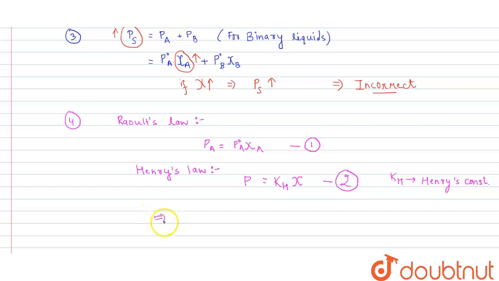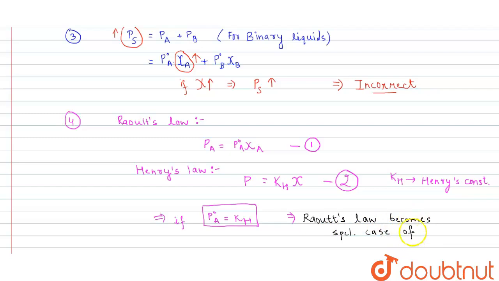So, what happens is, if P0A becomes equal to KH, that is Henry's constant, then Raoult's law becomes a special case of Henry's law.